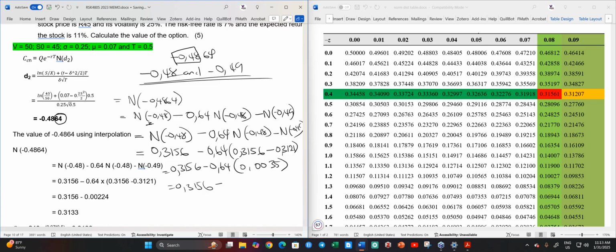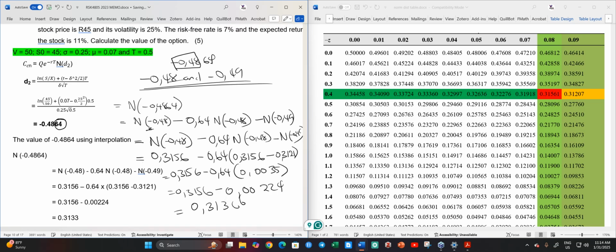Then from there I'm going to get 0.00224. Then I subtract: 0.3156 minus 0.00224. Then I'm going to get 0.31336, which to 4 decimals is 0.3134.